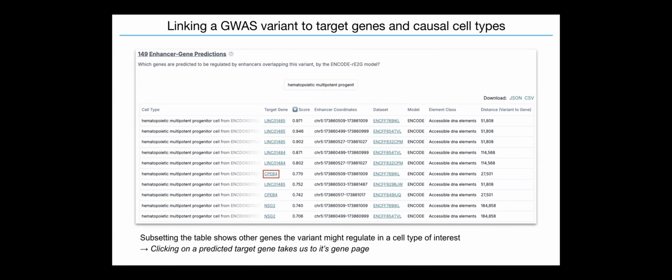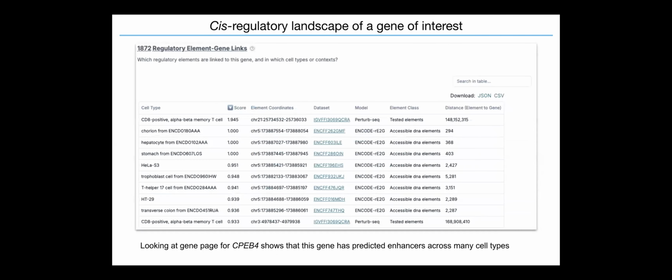If you want to know more about that gene, we can simply click on the gene name, because that is a link which takes you to the gene page, which is a very easy way to look at the cis-regulatory landscape of a given gene of interest. We can now see in this E2G table the enhancer gene links for that gene across all the different IGVF cell types.